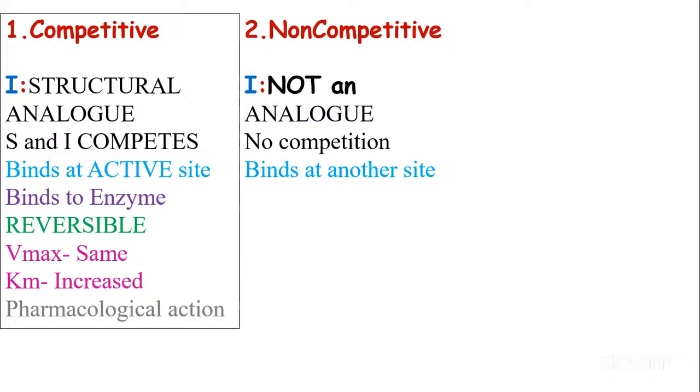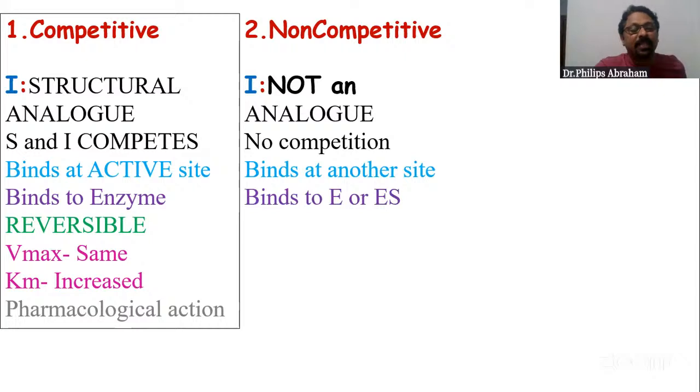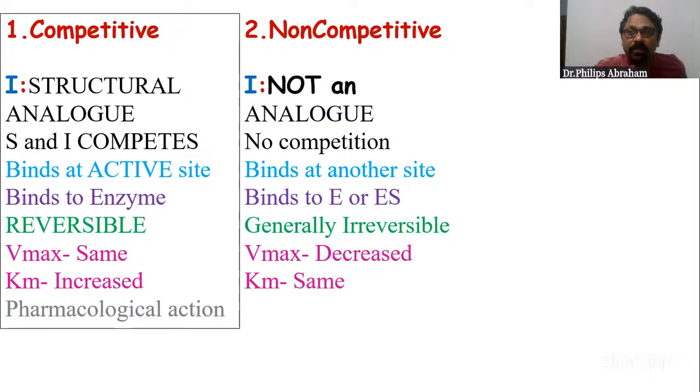Another difference is that in non-competitive inhibition, the inhibitor can bind either to the enzyme or to the enzyme-substrate complex. Generally, it is irreversible. Here there's a change in the shape of the enzyme, because of which Vmax is decreased. Km value remains the same.